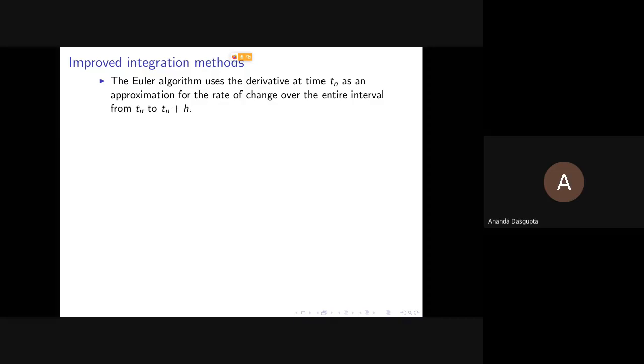Any other suggestions other than this one? This is a good suggestion, definitely. We are going to actually use this. But any other suggestions beyond this one?